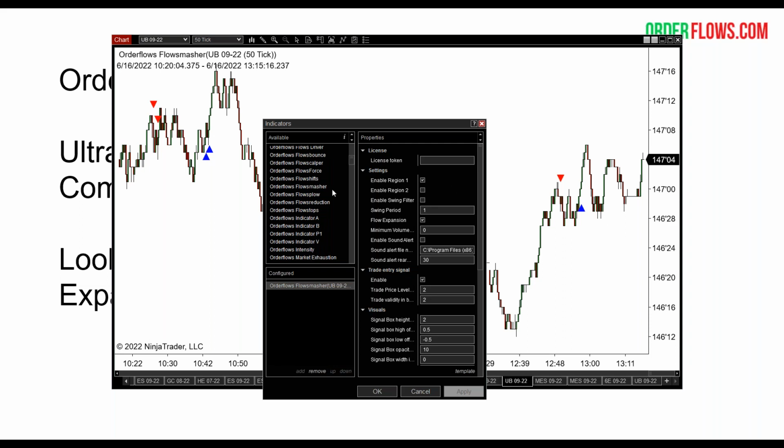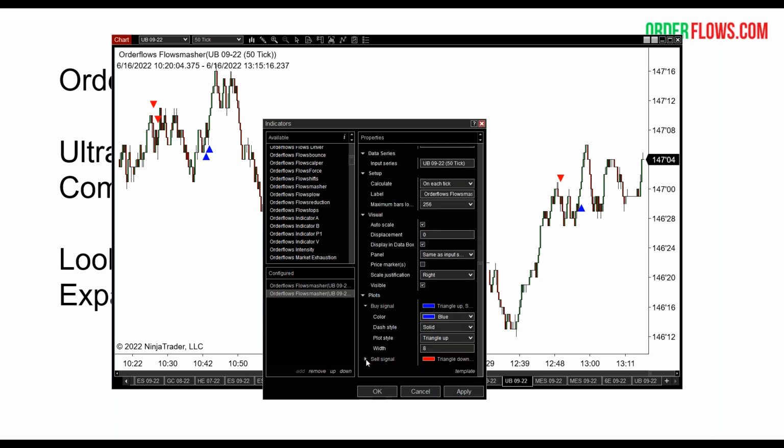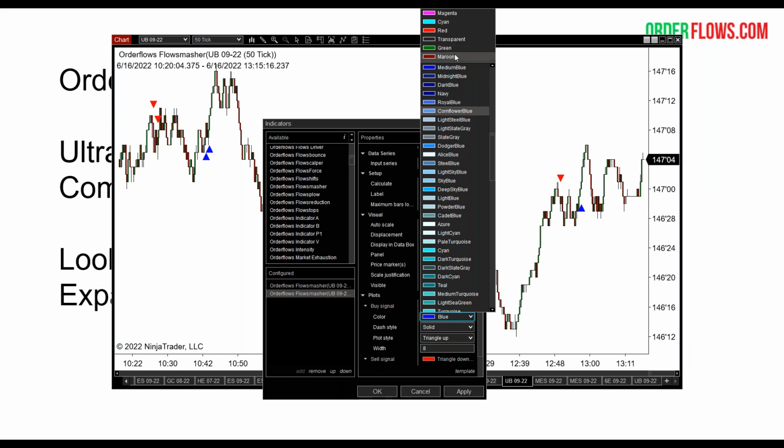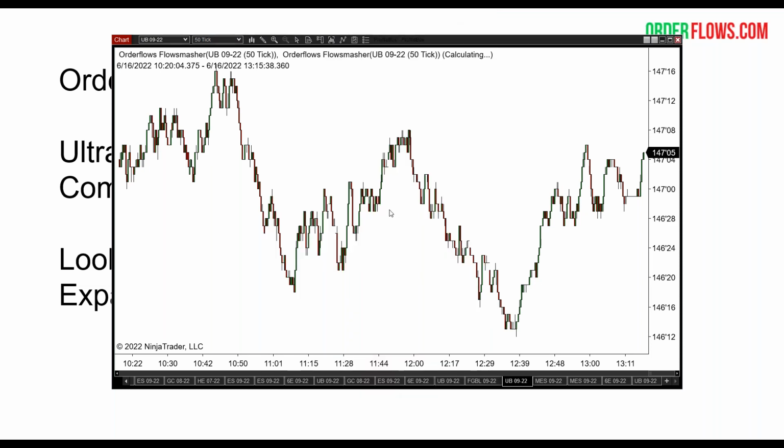Okay, so just to make it easy rather than keep flipping through the charts, what I'm going to do is add region 1, region 2. For region 2, I'm just going to make it a different color just to differentiate it. Cyan and magenta. Just so you get the idea of, should I be using region 1 or region 2?